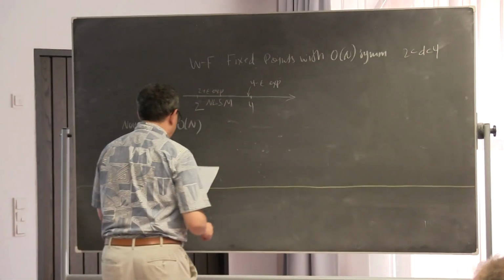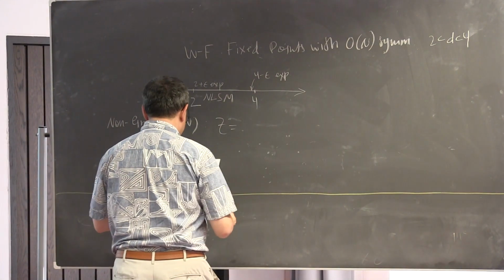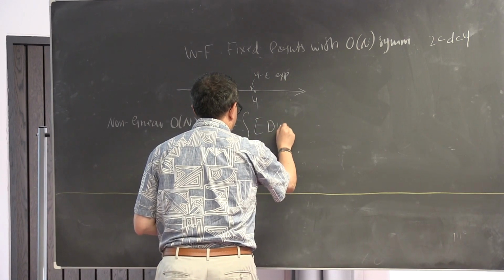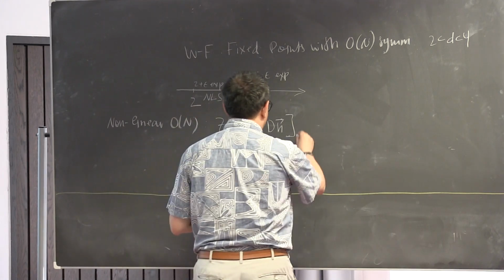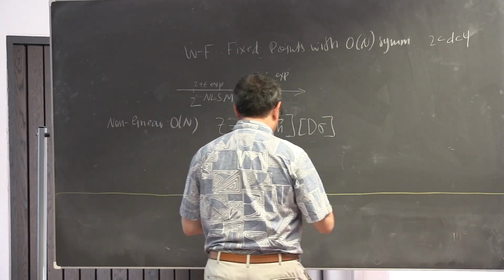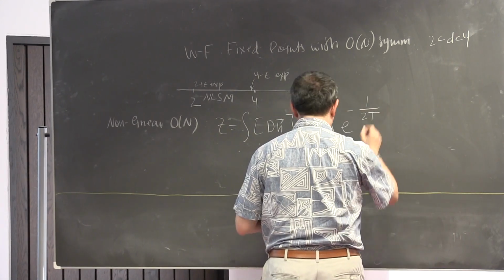You can write the path integral Z, which is the integral over this O(N) vector field n, and also you have this auxiliary variable sigma, and now e to the minus 1 over 2t.